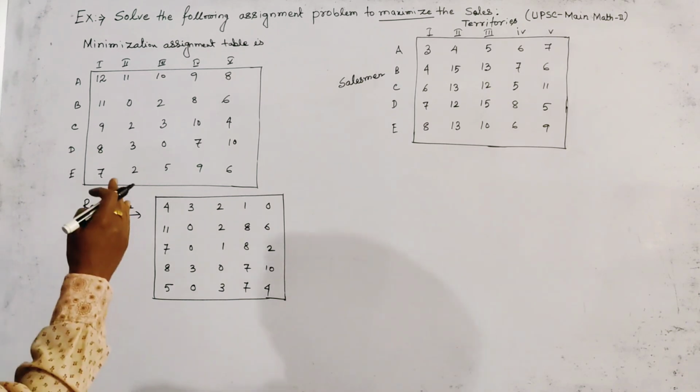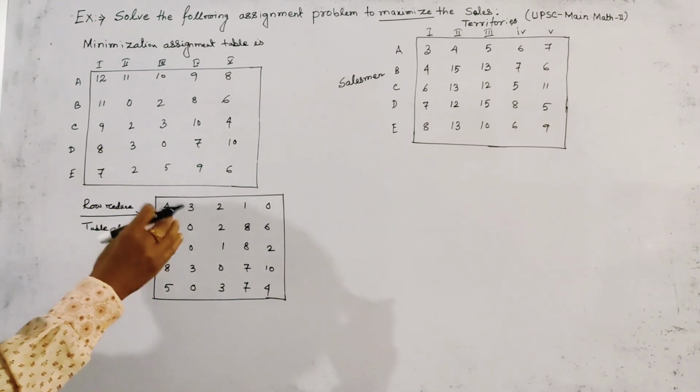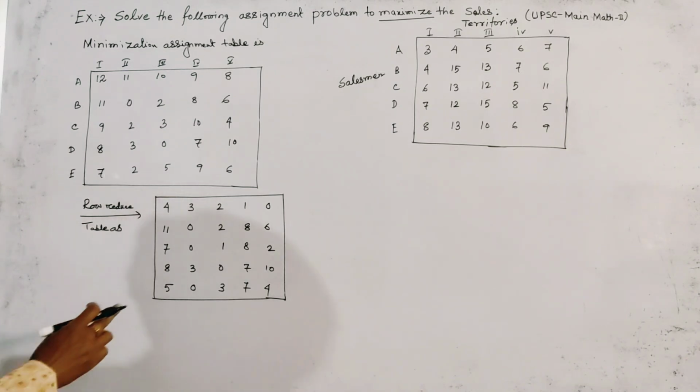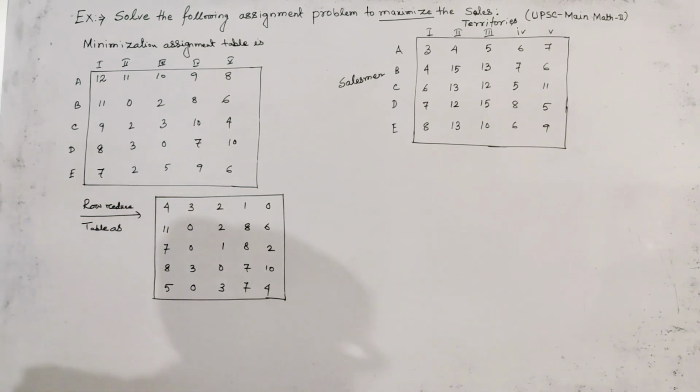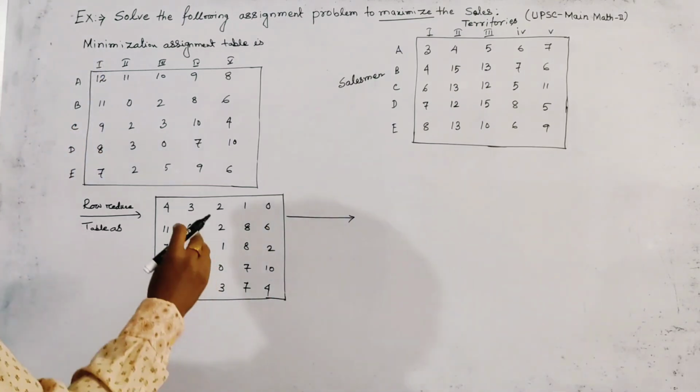Okay, now we check each column, whether each column contains at least one 0 or not. Clearly in the first column there is no 0, so we make a column reduction.